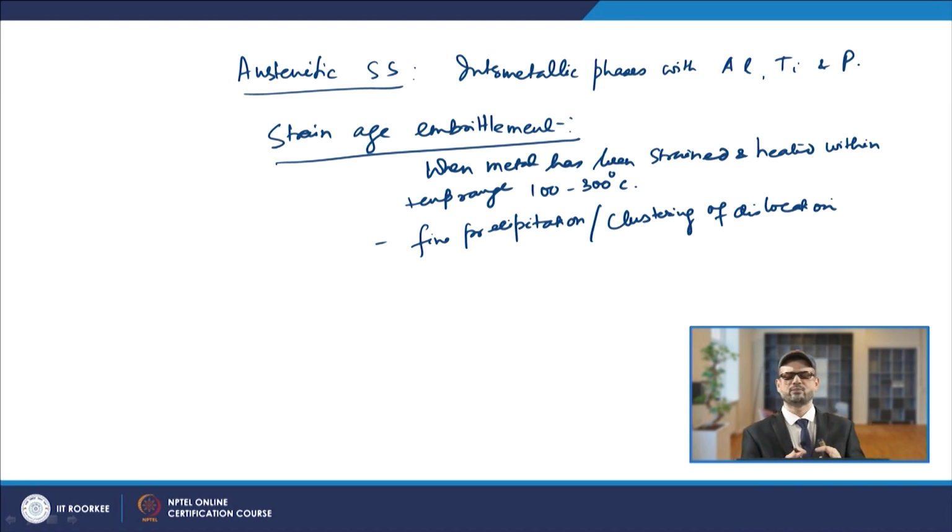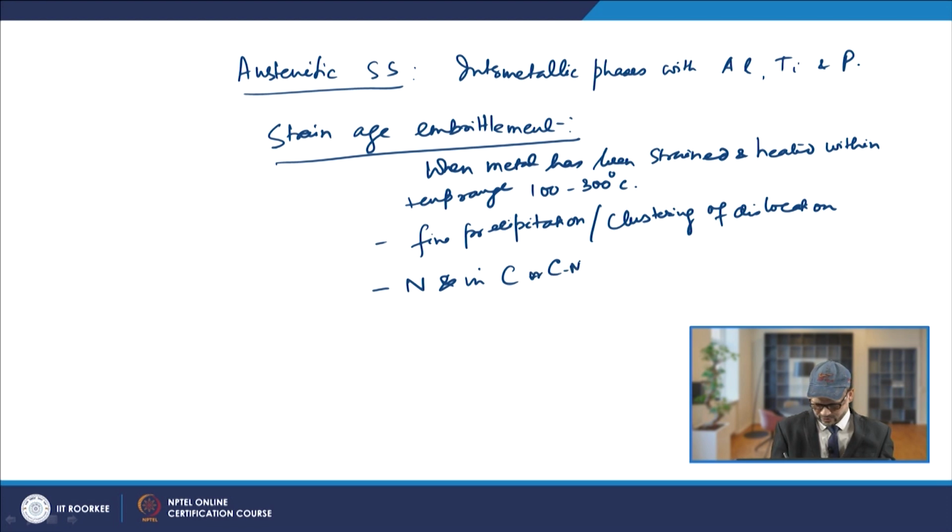It was seen that when you are heating in this smaller range, strain age embrittlement is observed. Normally the presence of nitrogen or even carbon is responsible for this strain age embrittlement, nitrogen and carbon in carbon manganese steels.